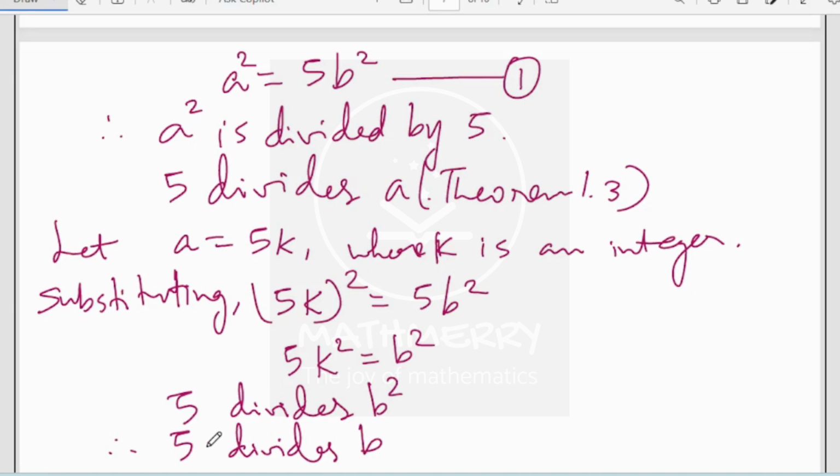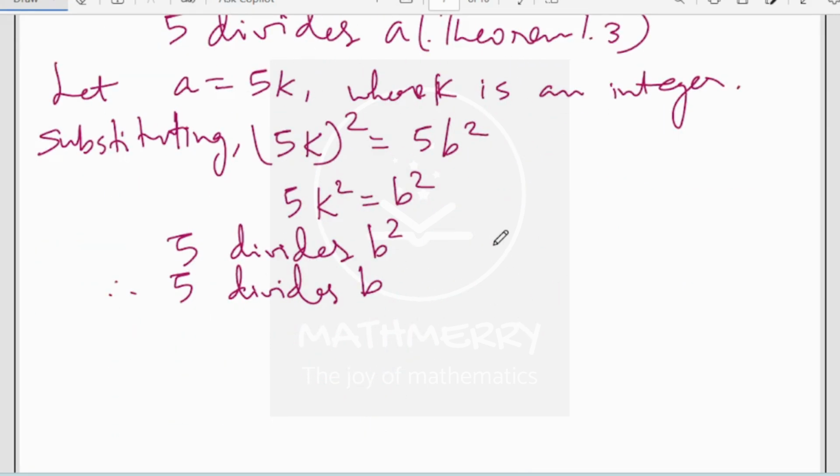So we can say that a and b have a common factor 5, because 5 can divide a and also 5 can divide b. So a and b have 5 as a common factor.